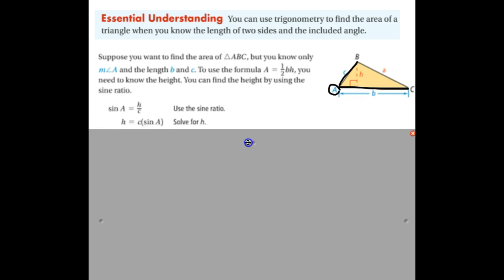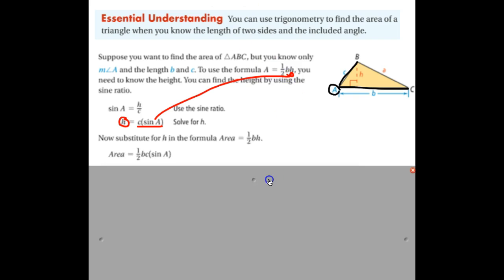So our sine ratio for angle A, if we draw in this altitude for the height, is opposite over hypotenuse, so it would be h over c. So sine of angle A equals h over c. In this case, we don't know the height, so we're going to solve for the height.